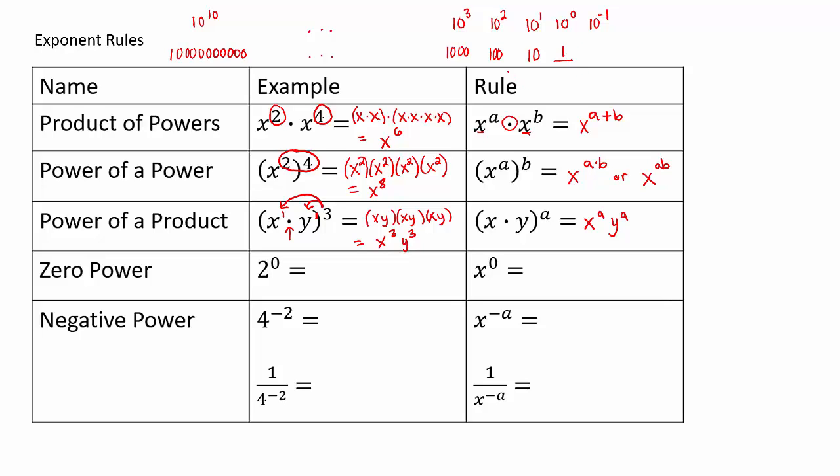And as it turns out, 10 to the 0 power is the number 1. And in fact, anything to the 0 power is the number 1. So filling in our chart, 2 to the 0 is 1, and x to the 0 is 1. No matter what we have, if it's to the 0 power, it's 1.